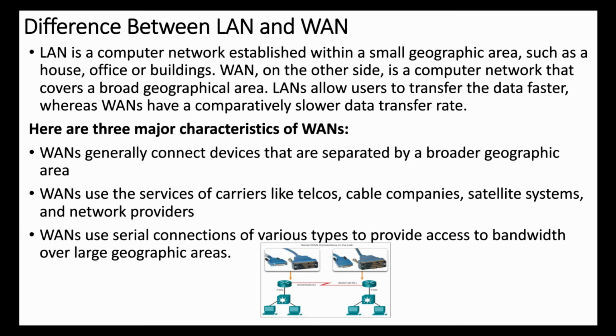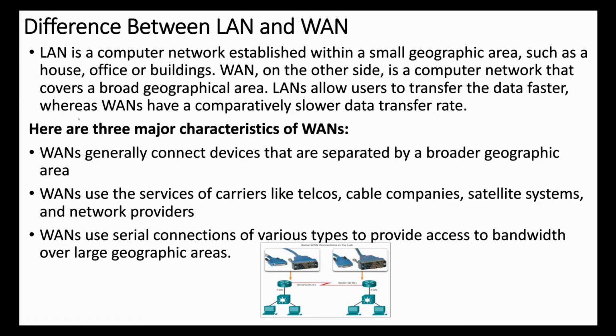Now, when we discuss the WAN, it is connecting geographical areas. When you say geographical areas, that I have a network in United States of America and another network in India. These two locations are located at geographically different places. So, in order to connect these two things, we are using wide area network, WAN.